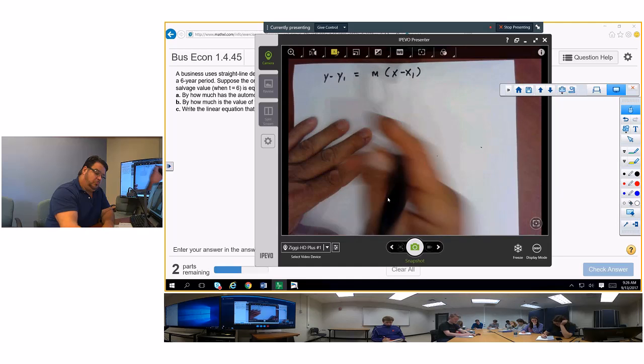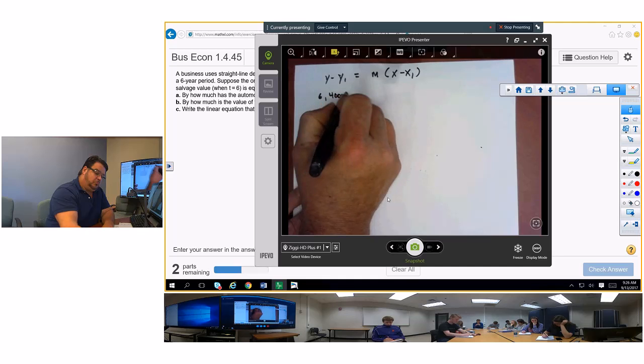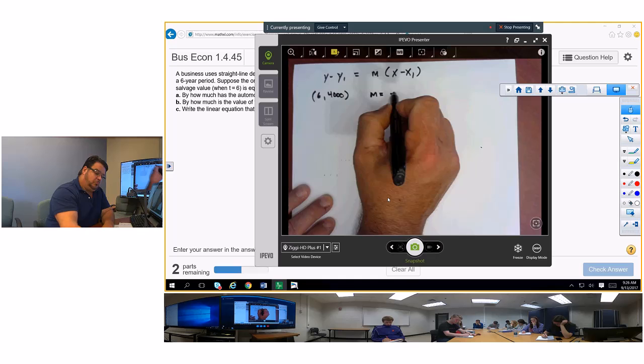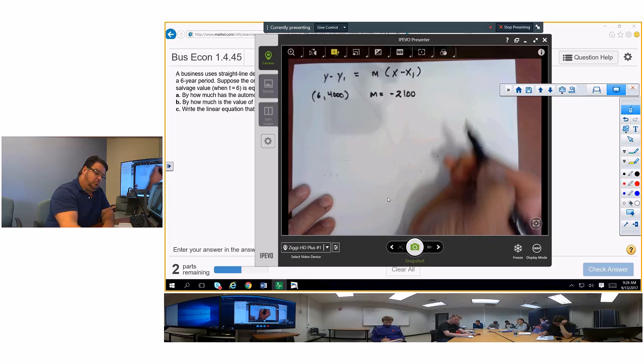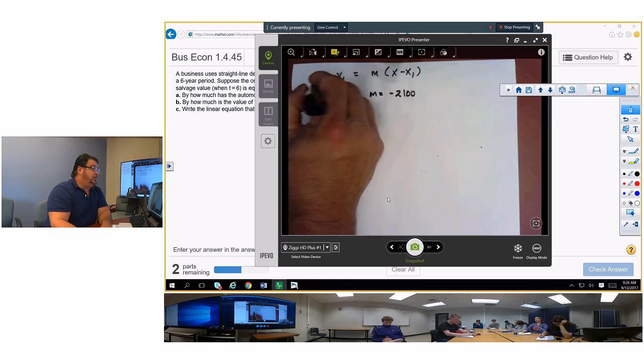And you have a point of 6 and 4,000, and you have a slope of negative 2,100. So which way do we read? Left to right. So this is x sub 1, this is y sub 1.